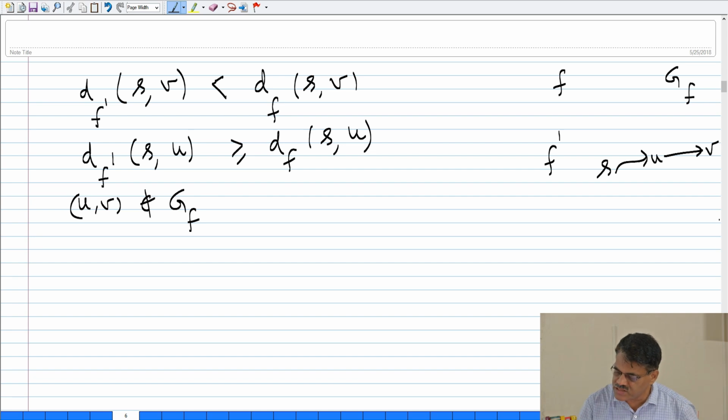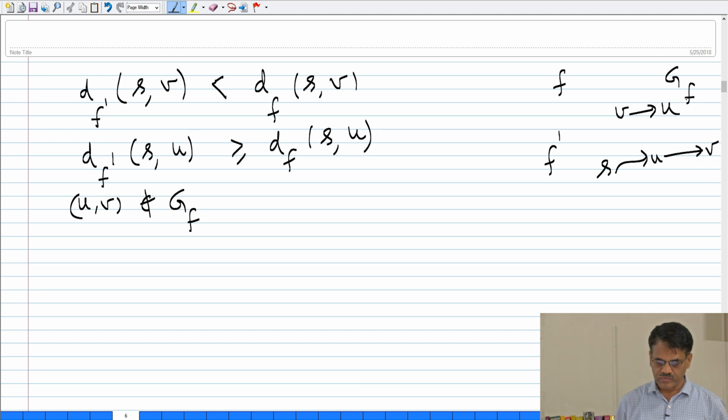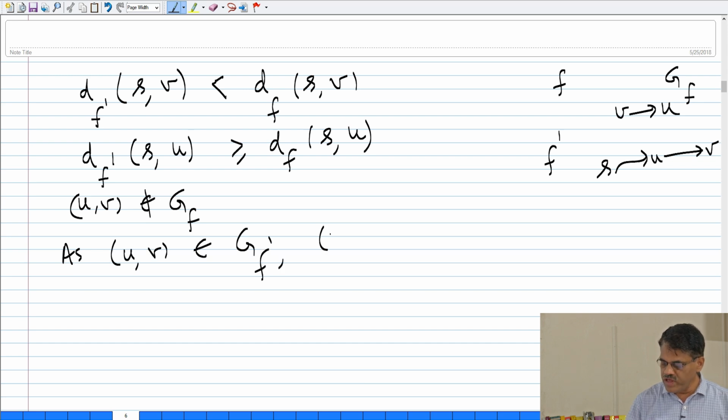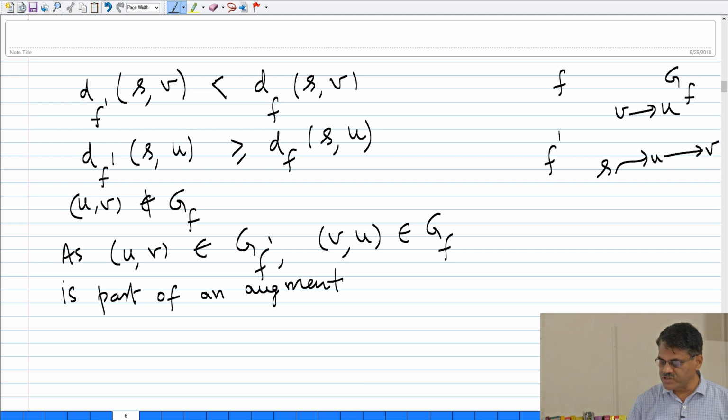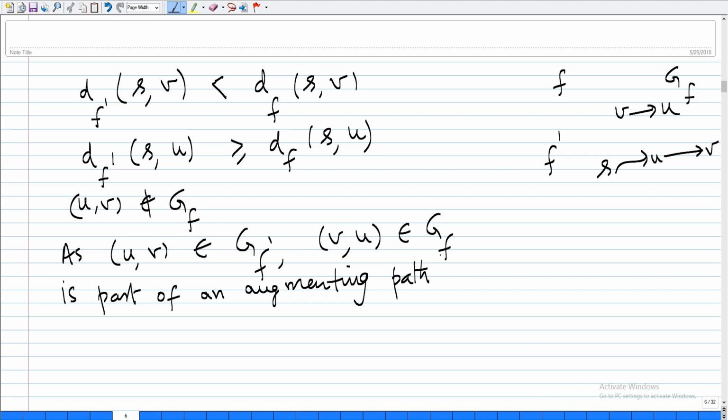So, that means in this path VU was in GF, as UV is in GF prime, VU is not only in GF, it is part of an augmenting path to get F prime. It's part of the shortest augmenting path. Why? Because we always augment through shortest paths anyway, right?